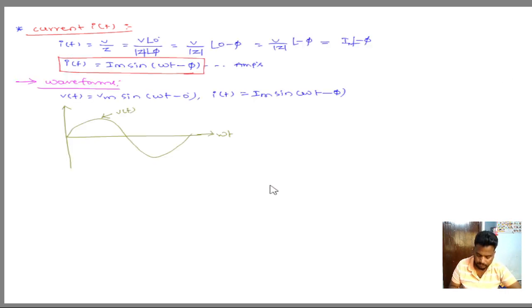The voltage phase is 0, but the current is starting after the voltage at an angle phi. Suppose this is the angle phi. This is my current equation, and this is phi, the angle between voltage and current.